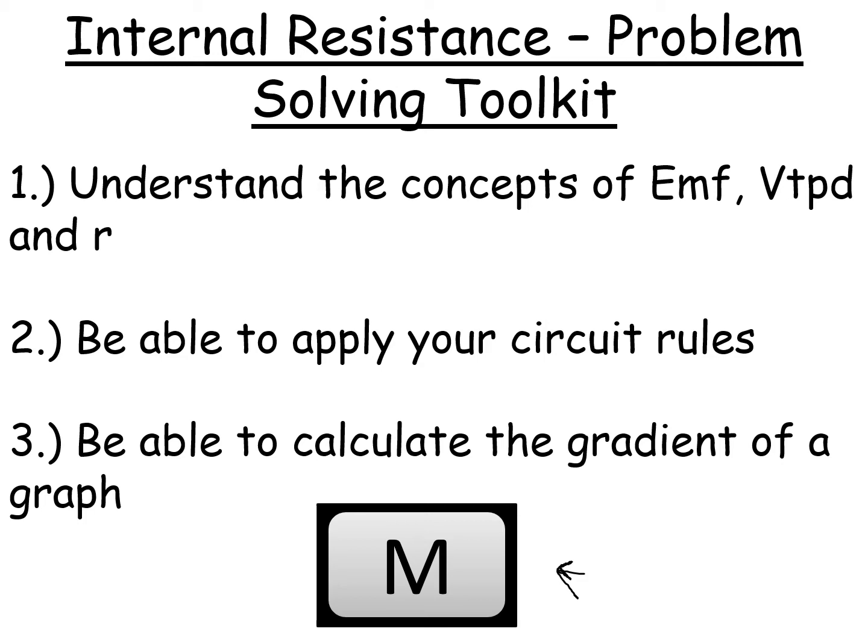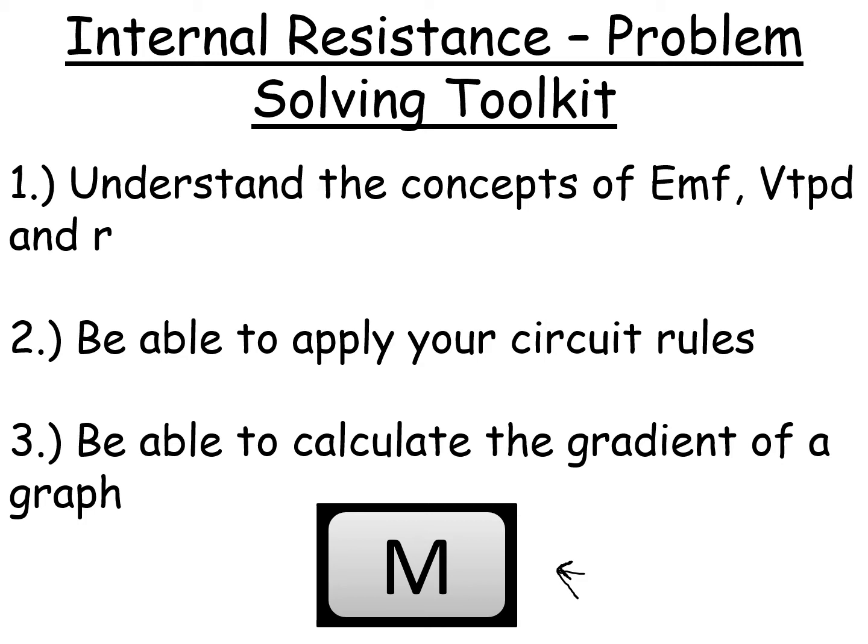So to do this topic for your MTV, your visible thinking, you need to understand the concepts of EMF, VTPD, and internal resistance. Hopefully you've got a fairly good understanding of what these concepts are. So for example, if you look on your table, you'll see you've got 2 to 5 details about EMF. Those are the things that I mean when I say you understand the concepts.